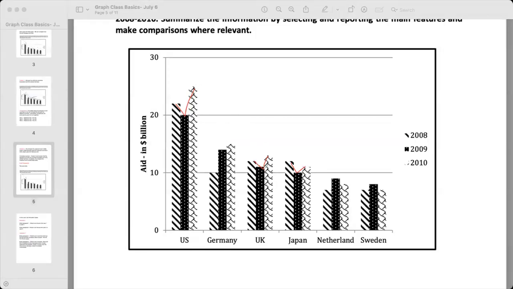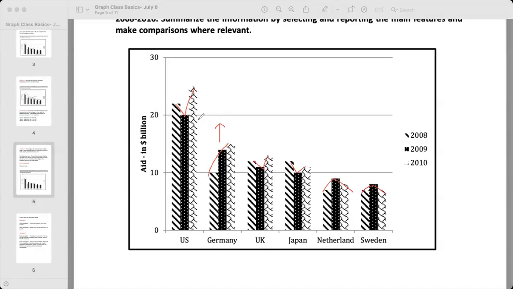If you can look here, funding first decreased, then increased. Funding first decreased, then increased. While in the case of Netherlands and Sweden, it's the opposite. The funding first increased and then decreased. First increased from 2008 to 2009 and then decreased. And in case of Germany, of course, it continuously increased. There was never a fall.